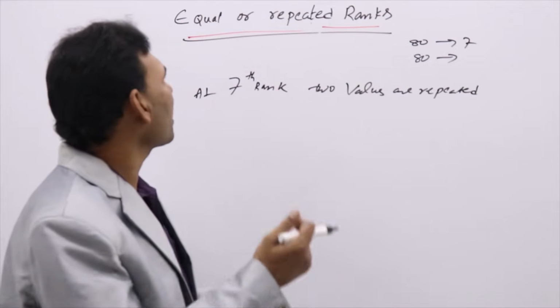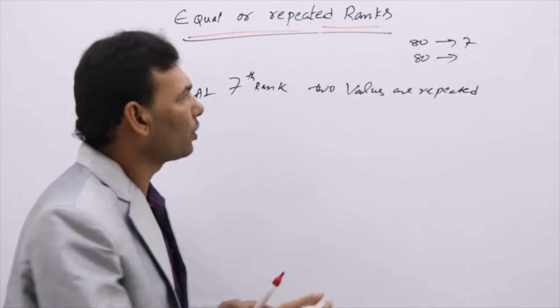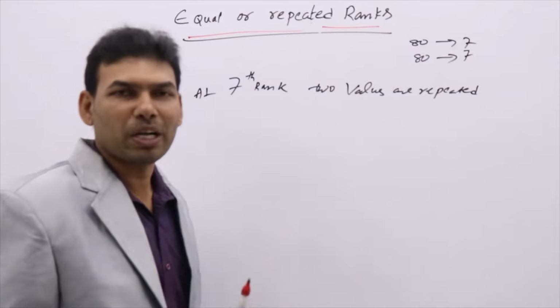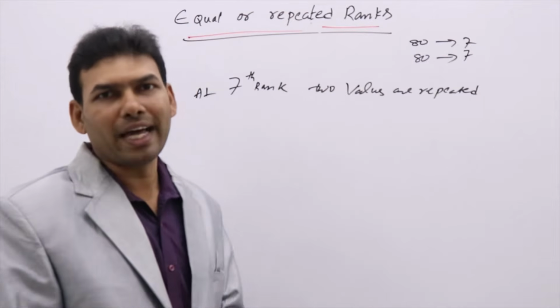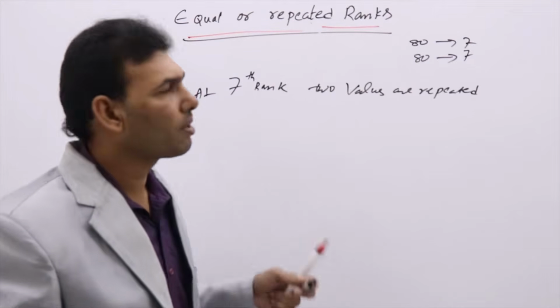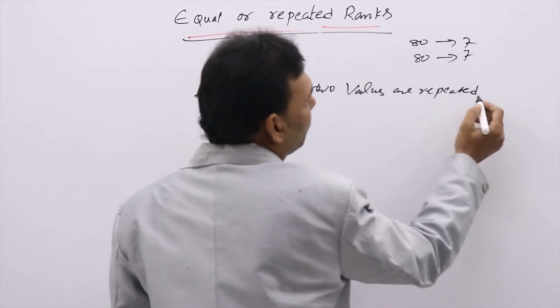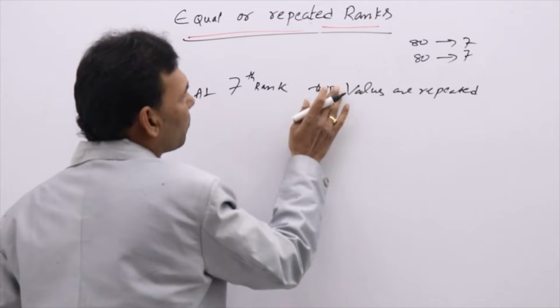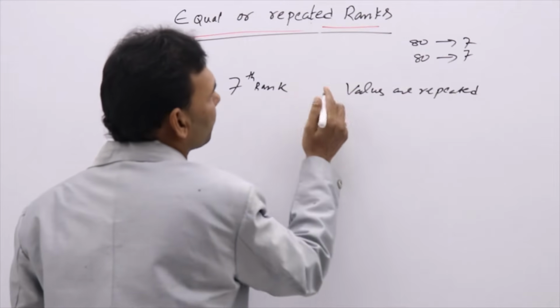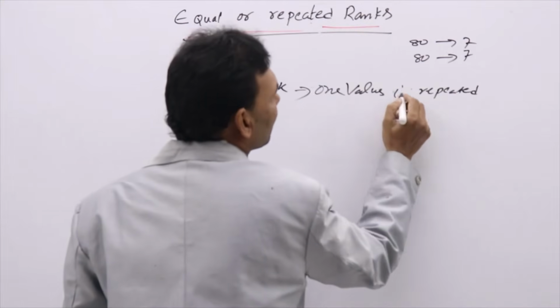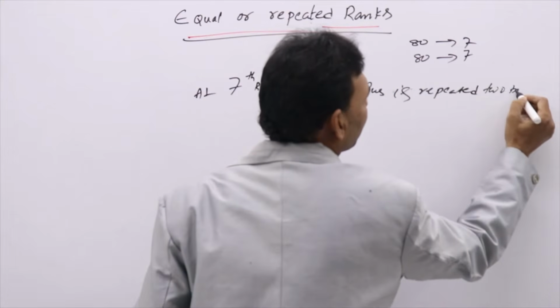When the values are repeated, ranks are equal. That means these two 80s have only 7th rank, but we cannot give 7 rank. There we are going to take the average, because 80 is repeated, one value is repeated 2 times.